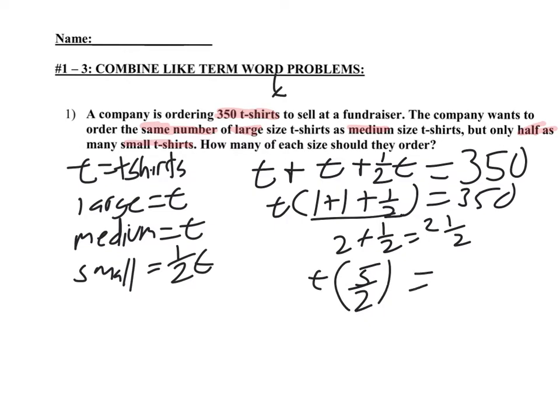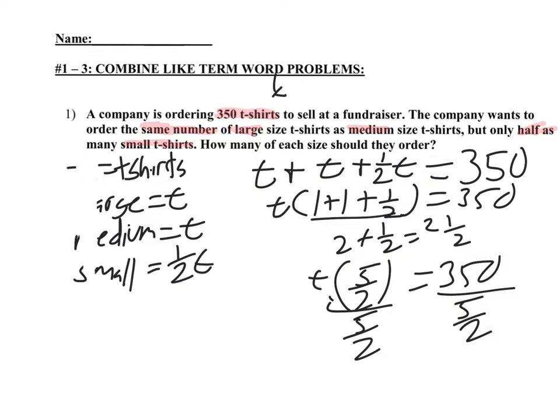T is equal to 350. We want the T by itself, so we're going to get rid of this 5/2. We're going to do the inverse operation. Since it's being multiplied, we're going to divide. And we're going to erase this left side so we've got more room to work. We already know what our variables are.